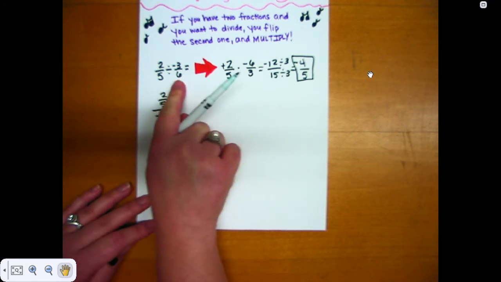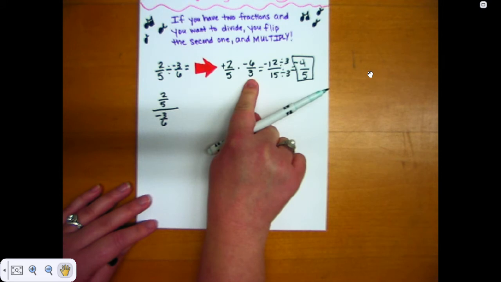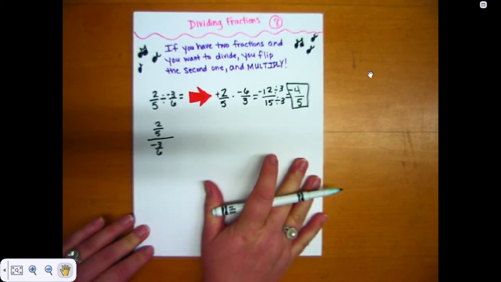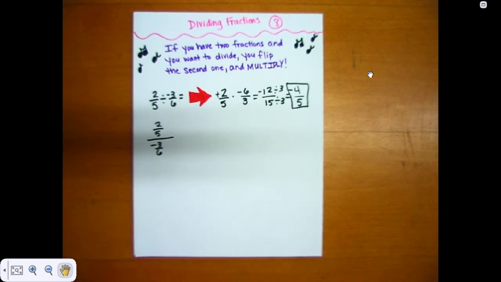So this becomes this. You have to flip it every time. Okay, do we need a thought bubble? Let's make a thought bubble.